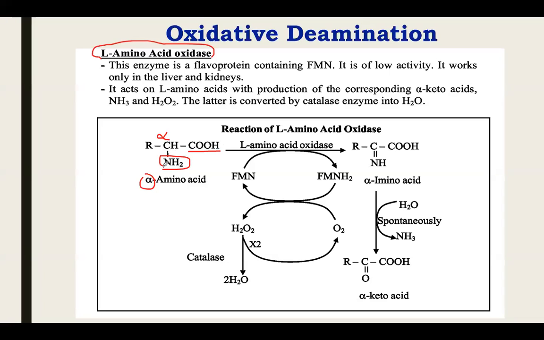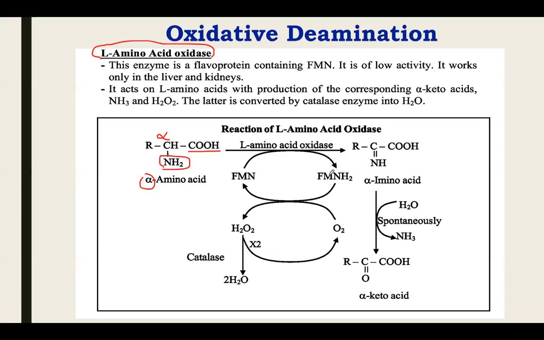In the proteins of living organisms, the amino group should be present in the alpha carbon. We may have another amino group in the beta carbon, in the gamma carbon, but if you don't find the amino group in the alpha carbon, this amino acid is not found in proteins, okay?